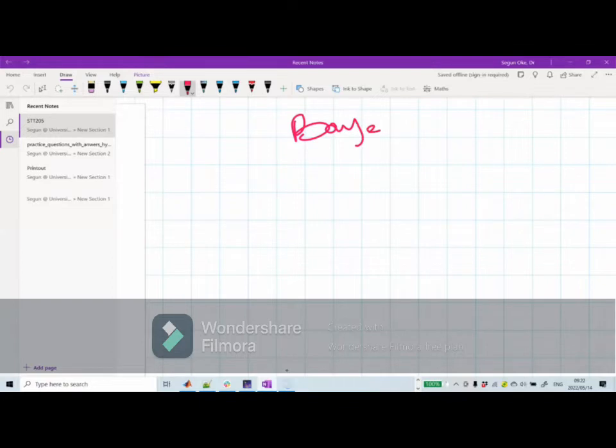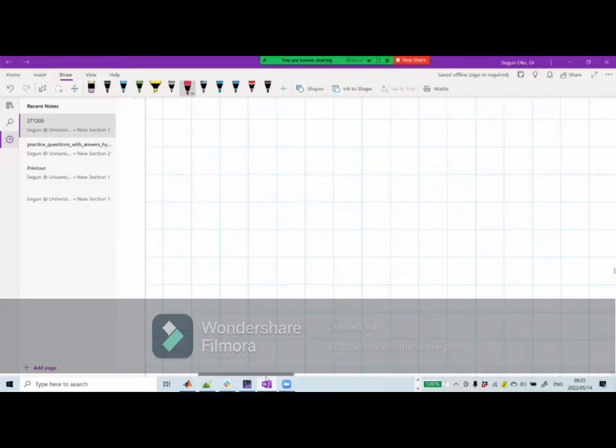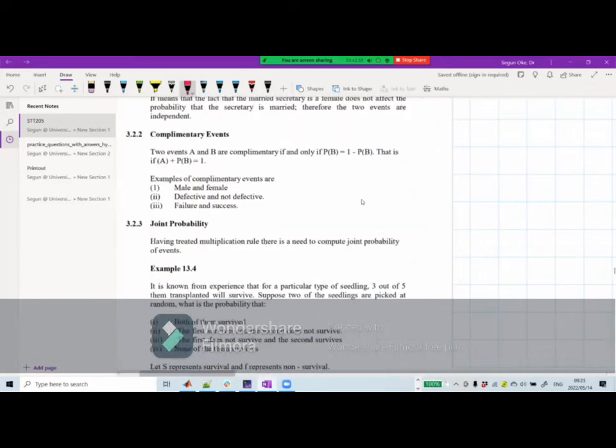Now we have Bayes' theorem. I'll give us the formula for Bayes' theorem, and from there we move on. Let's look at this definition first before I move to Bayes' theorem fully.